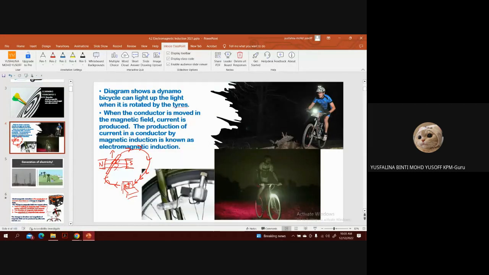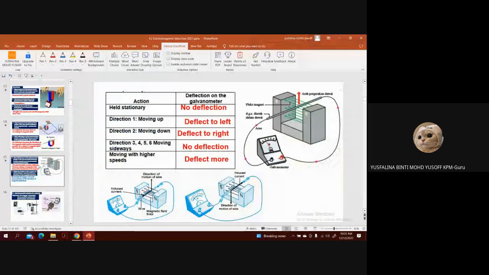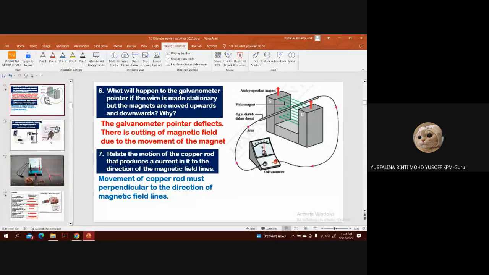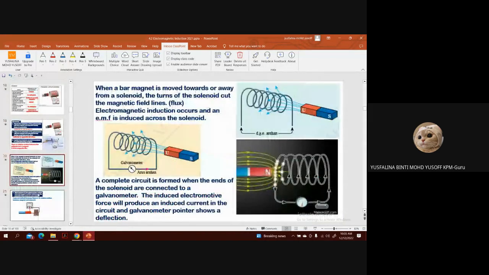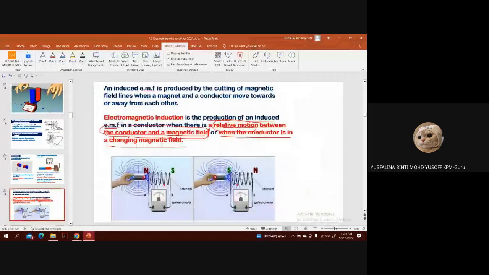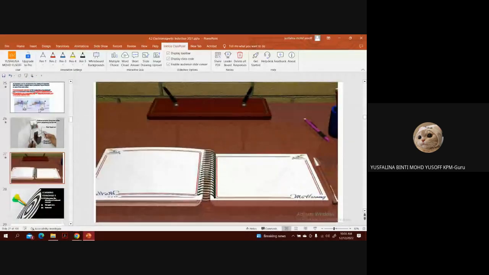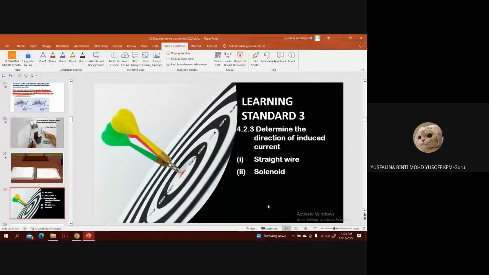If I write something, it means we already finished that part. So until this part, we already finished this one, so we're going to continue.